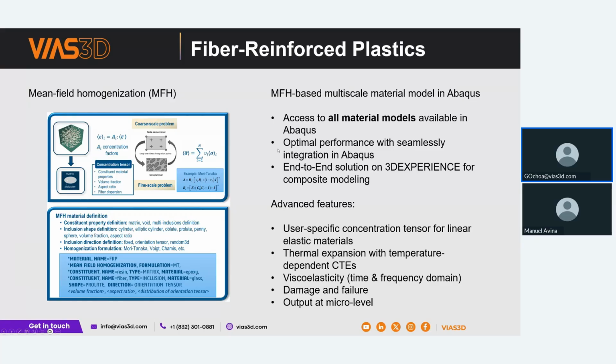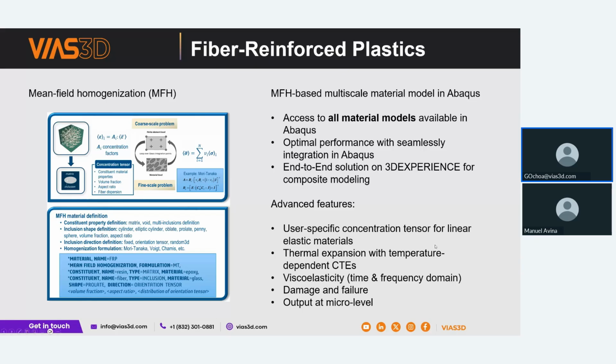But regarding MODSIM, this is an end-to-end solution, and the users don't have to worry about the steps to map the fibers and defining the inclusions, where at least the orientations and the inclusion properties still will be defined. There are some other advanced features, such as defining the concentration tensor for linear elastic materials for the inclusion, that is the fiber.